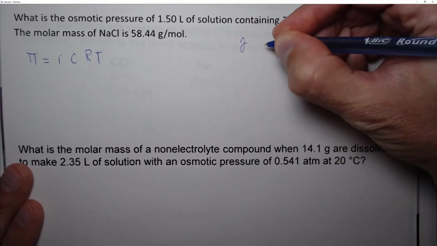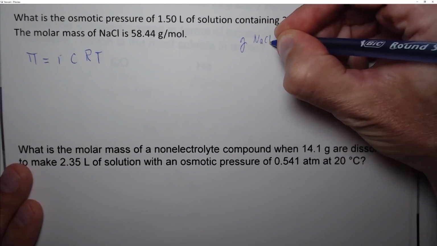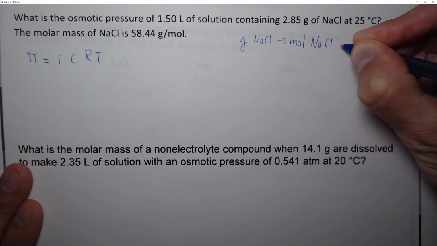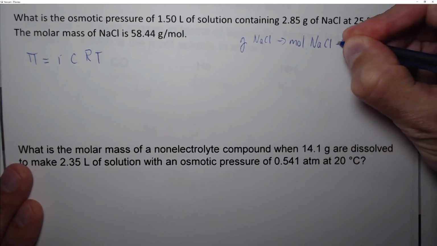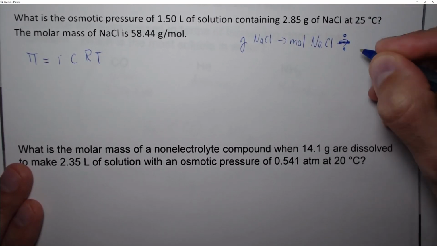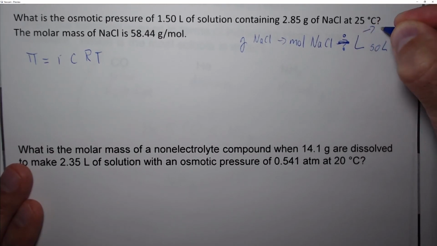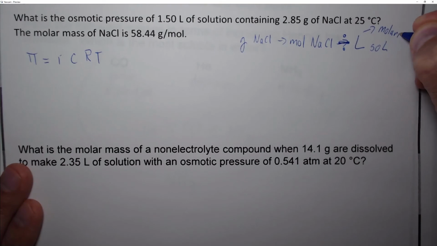To do that, we go from grams of NaCl to moles of NaCl, and then finally we take those moles, I did this in the last one, and we divide by the liters of solution. And moles over liters gives us the molarity.